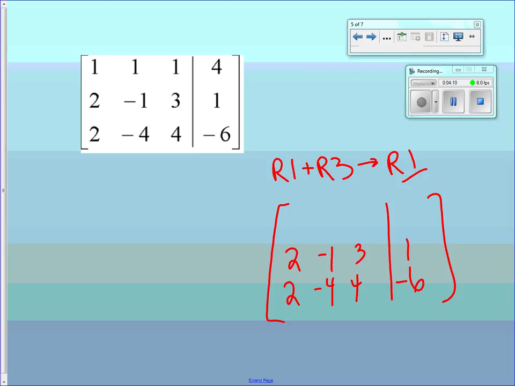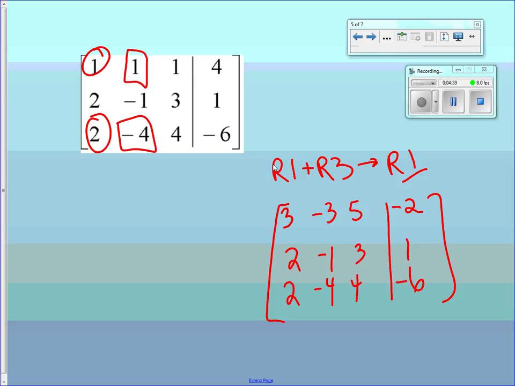So I'm going to add the 1 and the 2, the 1 and the -4, and so on and so on. So the first element will be 1 plus 2, which is 3. The second element will be 1 plus -4, which is -3. The next element will be 1 plus 4, which is 5. And the last element, 4 plus -6. And that's the third and final row operation.